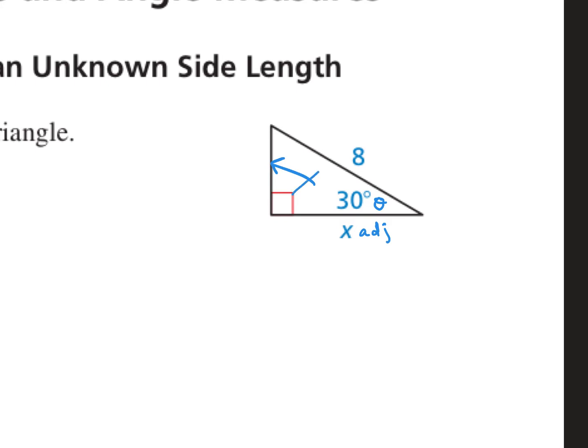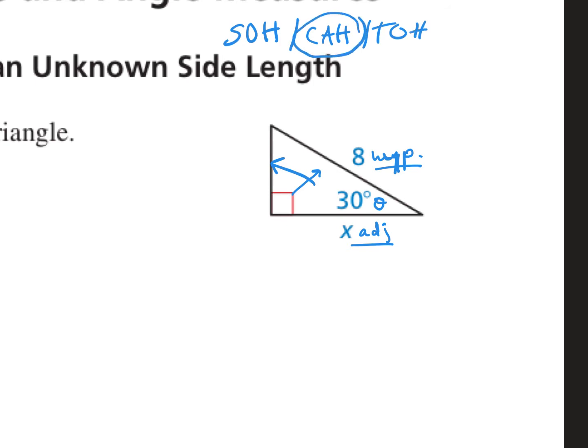And 8 is opposite of our right angle, so that has to be the hypotenuse. So we need to see what involves adjacent and hypotenuse out of sine, cosine, or tangent. So looking back to our SOHCAHTOA, adjacent and hypotenuse go along with cosine.